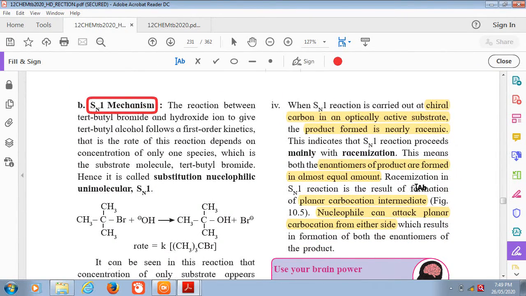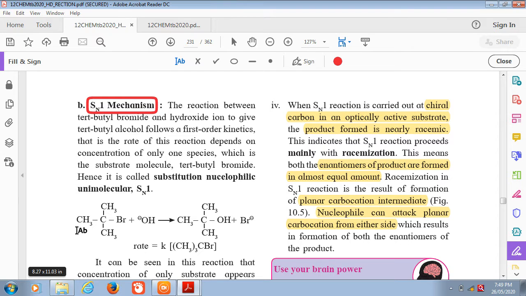Now we have to study the Sn1 reaction mechanism. So S for substitution, N for nucleophilic, 1 for unimolecular. If the order of this reaction is 1, then it is called an Sn1 reaction.